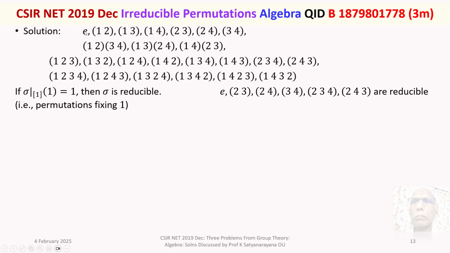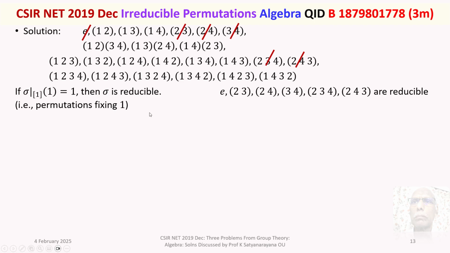The identity E fixes 1, (2 3) fixes 1, (2 4) fixes 1, (3 4) fixes 1, (2 3 4) fixes 1, (2 4 3) fixes 1. These are reducible. Cancel off all of them.